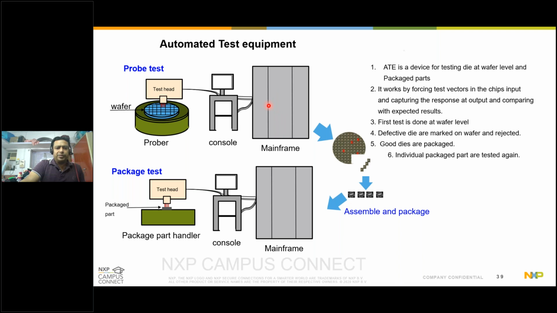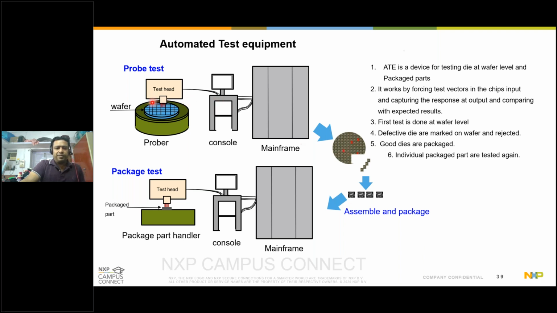And then all these patterns are applied to individual dies and the responses are captured. If any die is found to be defective, that would be marked on the wafer. As you can see, here are some crosses marked. This indicates this particular die is defective, and it should be rejected.